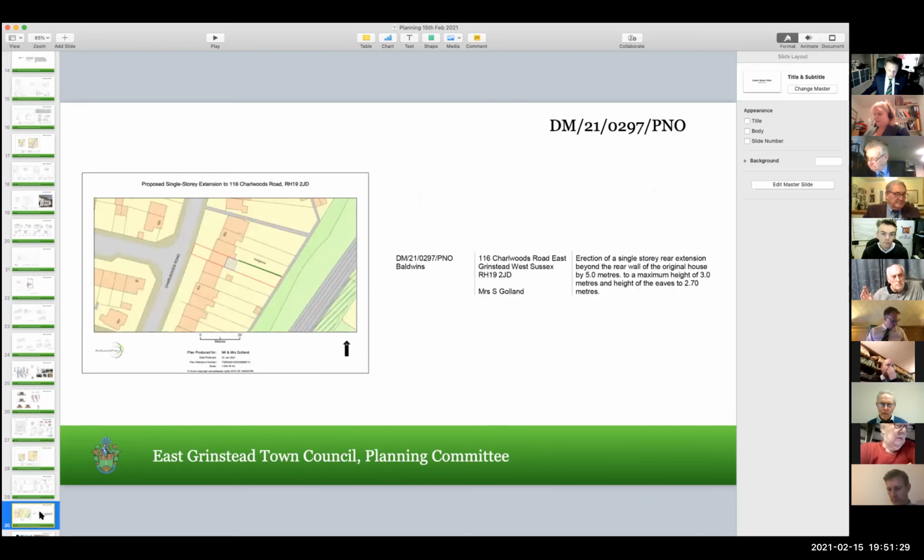Okay, this is a P&O. We don't have to discuss these, do we, Town Clerk? I looked up the detail of this one. This is an application to determine whether the prior approval is needed. So it is a little bit like an LDC, in that if the district determine the prior notification is not necessary, then it's irrelevant from that point of view.